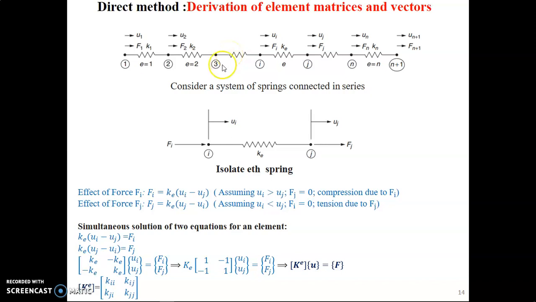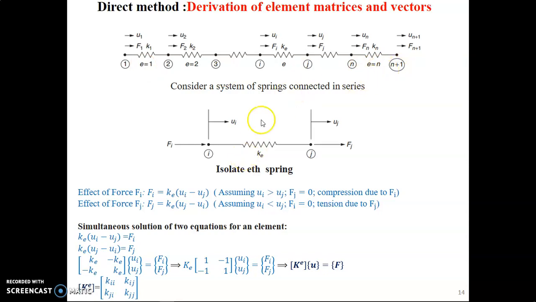Now let us develop the elemental matrix equation and the vectors for another problem. Consider a system of springs connected in series. Let us assume that there are n springs connected in series. So there will be n elements and n plus 1 nodes.